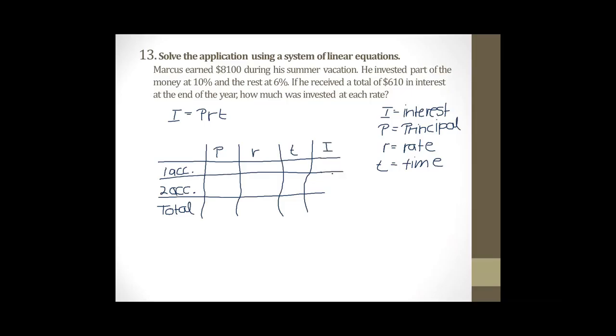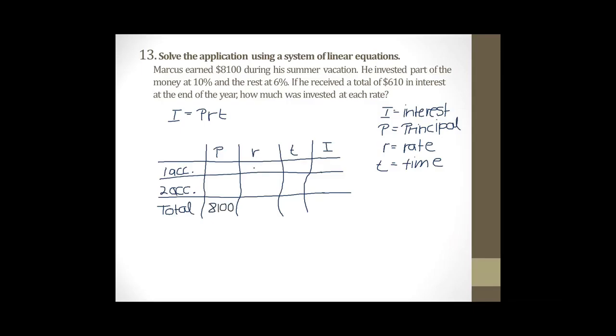Now I'm just going to go ahead and plug in all the information that I have been given in the word problem. The $8,100 represents the principal, because this is what he made during his summer vacation. And that's the total principal, so that goes down here. Now I have two different rates.